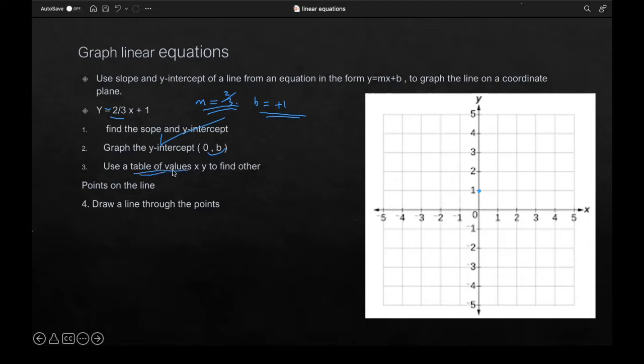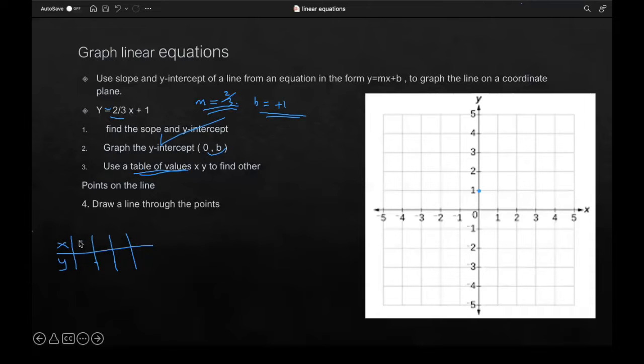What is a table of values? You basically do a table of 4 columns. You place an x here and a y here, and you place any value of x you want, so you can calculate the y. So then you have basically points to plot, x1, y1, and so on.